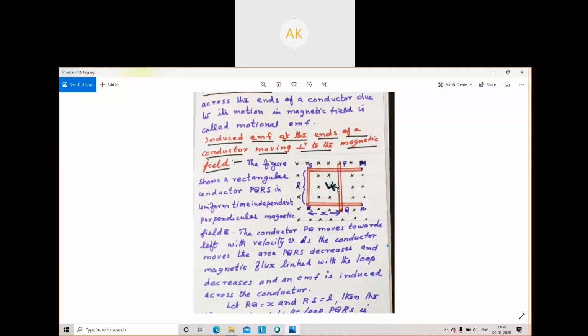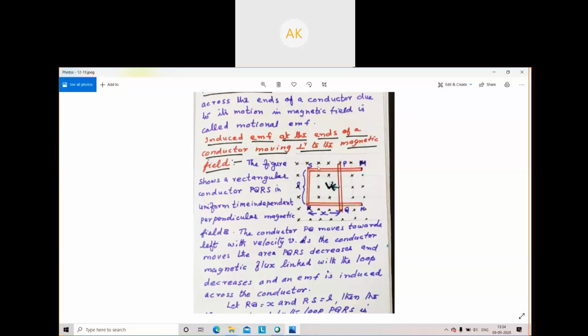When the PQ conductor is moved away towards the right, the area enclosed by the loop increases. When the conductor PQ is moved with a velocity v, how will you calculate velocity? Distance by time. If a distance dx is moved in a time dt, dx by dt gives the velocity with which the conductor is moved.